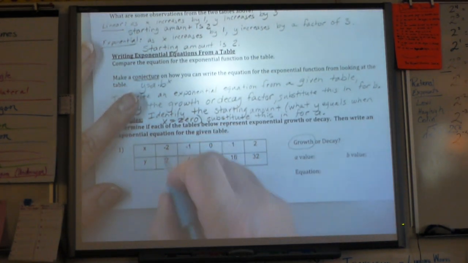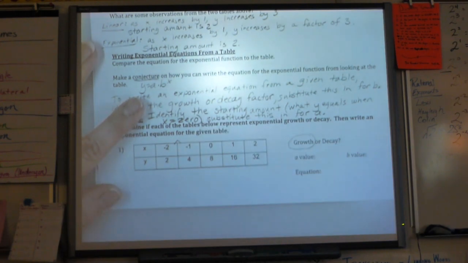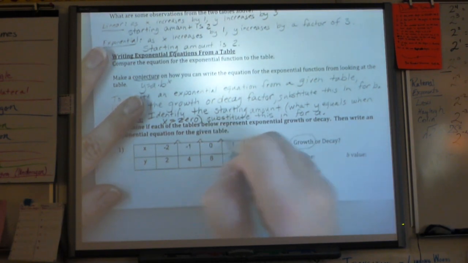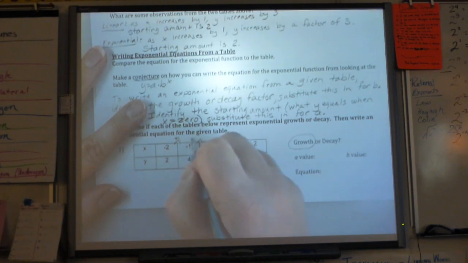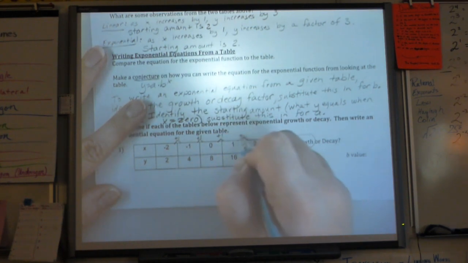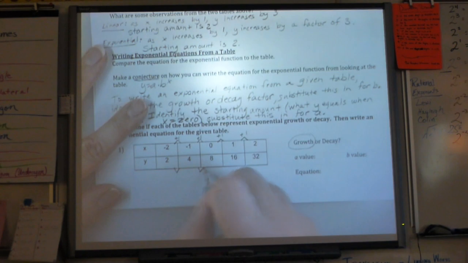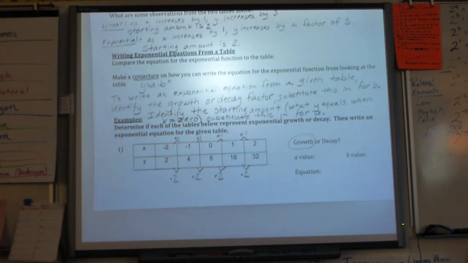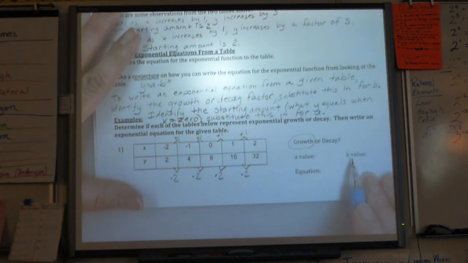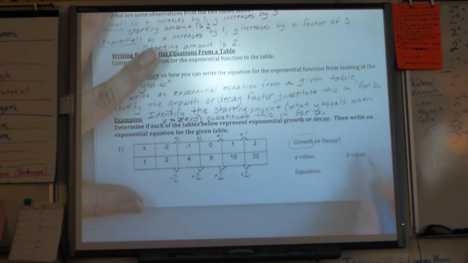As x increases by 1, what happened to y? It doubled. It was multiplied by 2, so multiplied by a factor of 2. That's our growth factor, the b, the base of the exponent. So b equals 2.